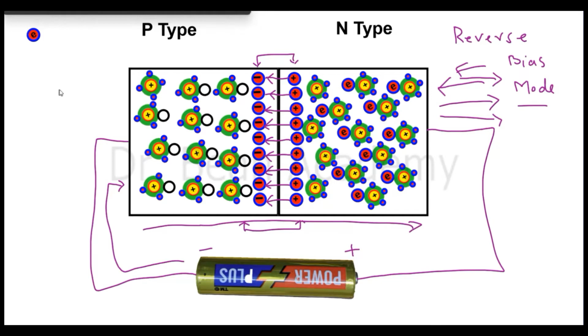That little current will be from some defects or breakage of the covalent bonds. It could be because of some temperature abuse or breakage of the covalent bonds.